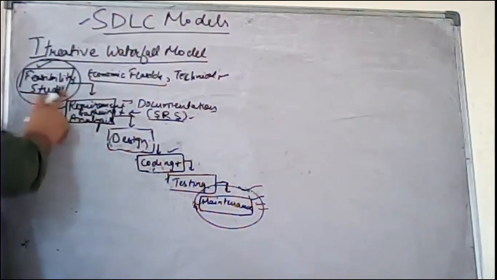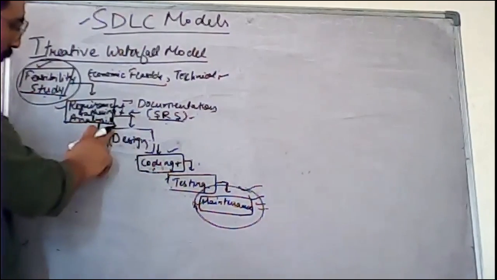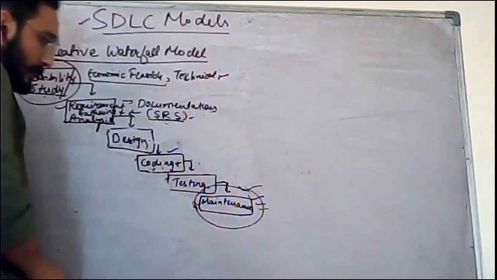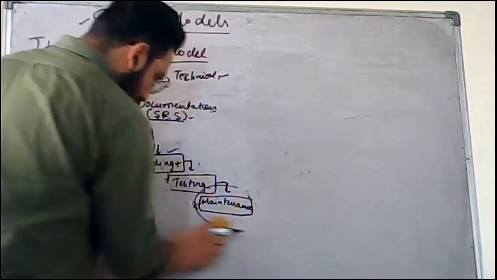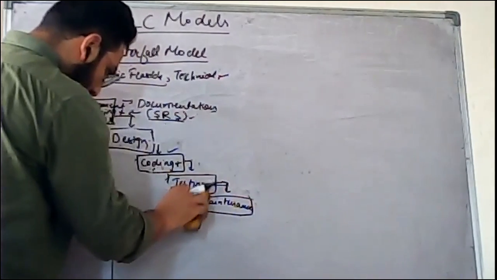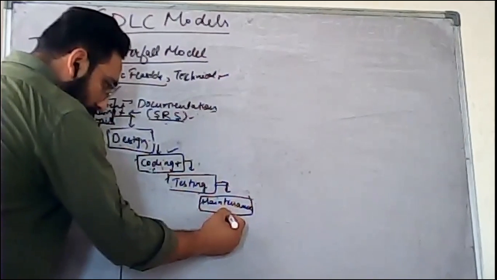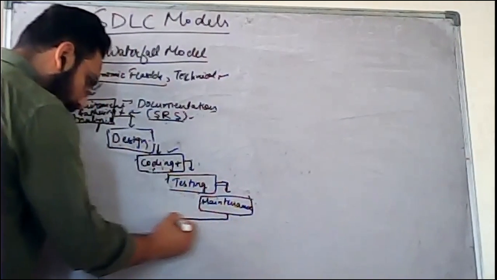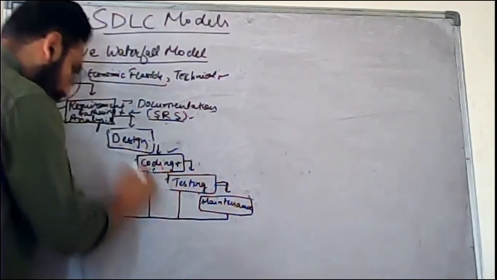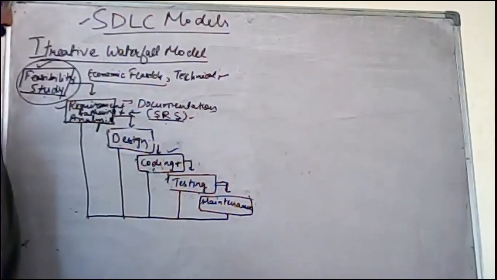Feasibility study is there, requirement gathering and analysis is there, design phase is there, coding is there, testing is there, maintenance is there. But the new concept added is the feedback module. There is feedback between these modules.